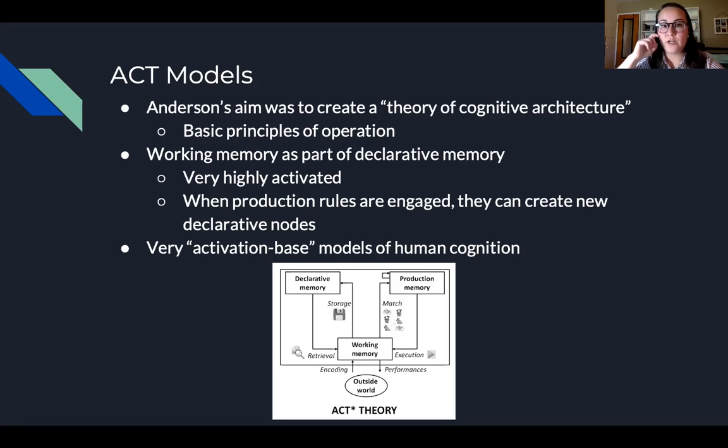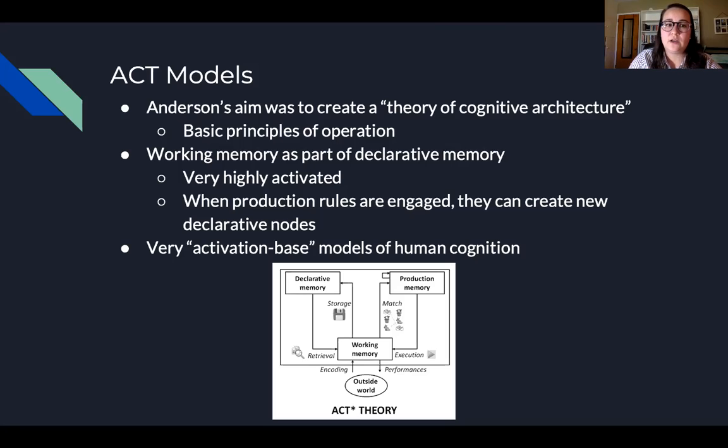Here there are also production rules involved, just like in our procedural memory. When these production rules are used, that's how new nodes are created in the networks of declarative memory. So overall, the important takeaway is that this is a very computer-based and very activation-heavy model of human cognition.